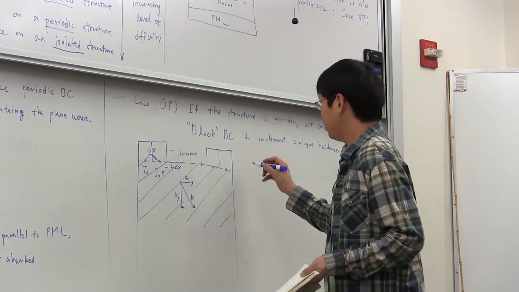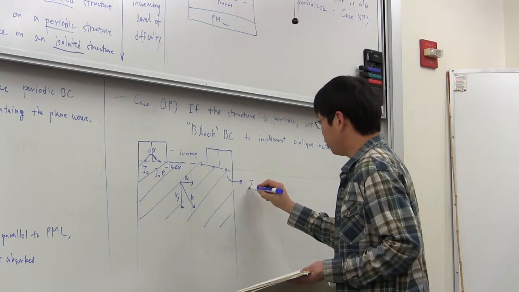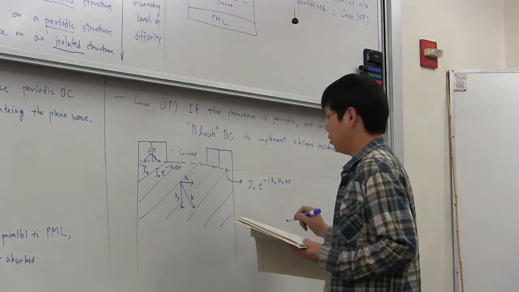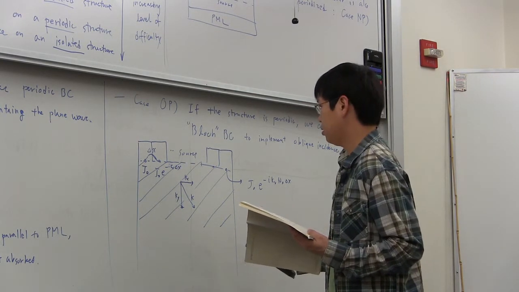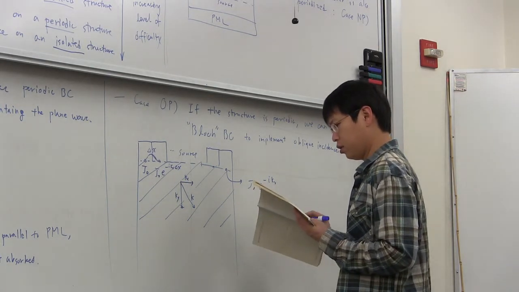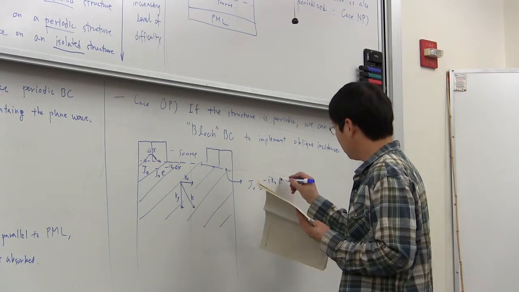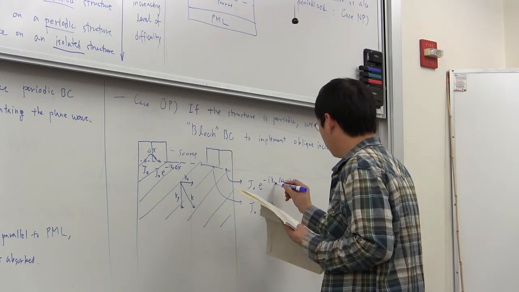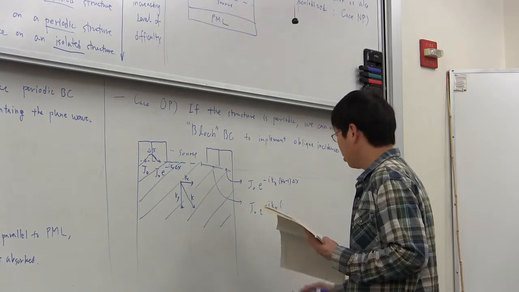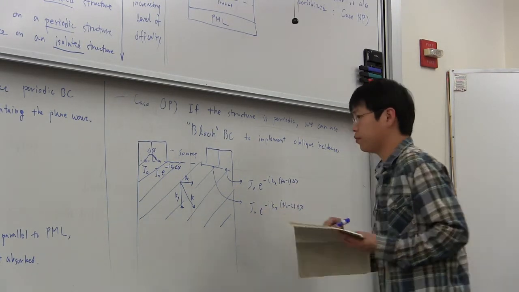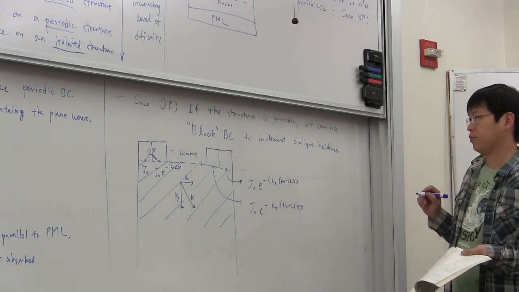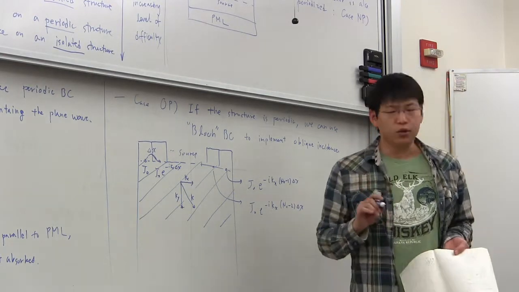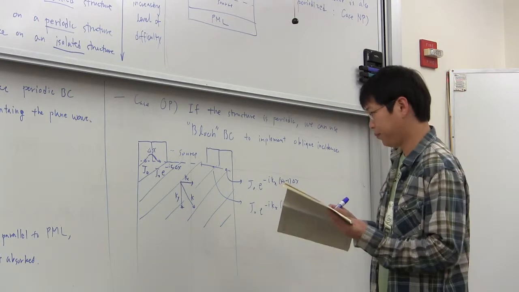And at this point, your source should be... so you have to give this phase delay, and then you also have to impose the correct boundary condition, which is Bloch boundary condition.